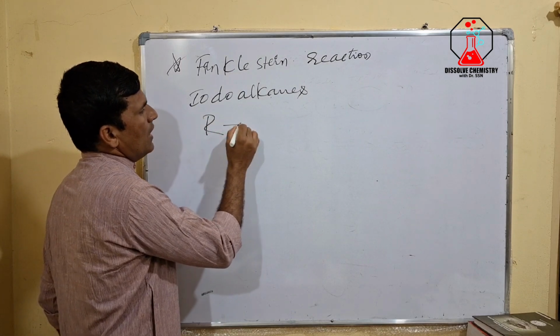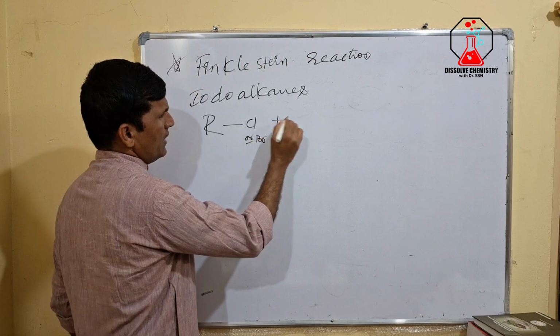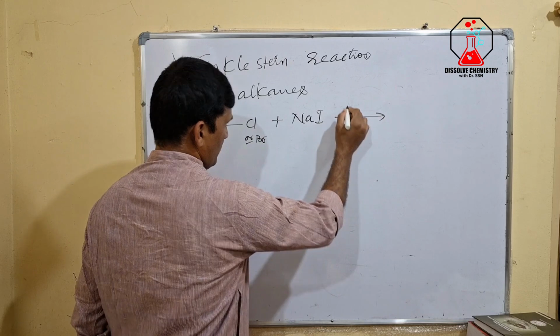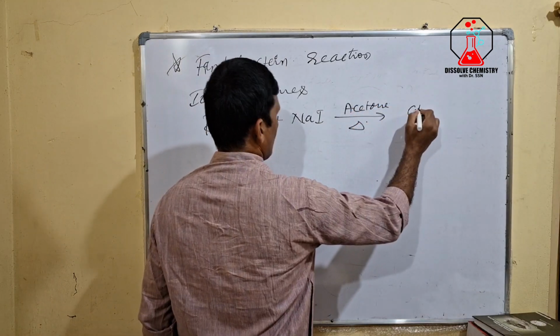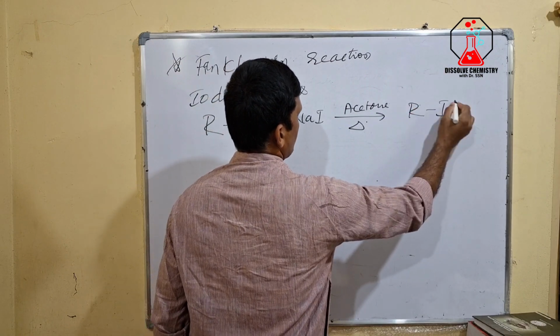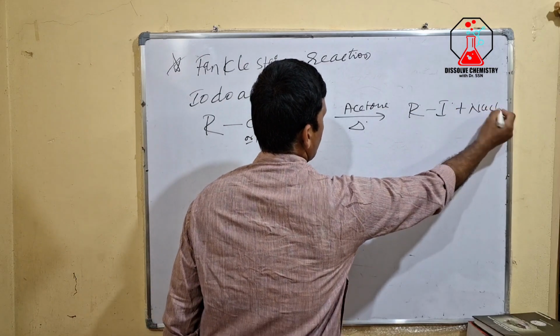You have to use RCl or RBr, combined with sodium iodide in presence of acetone. If you heat, there is an exchange of halogen.